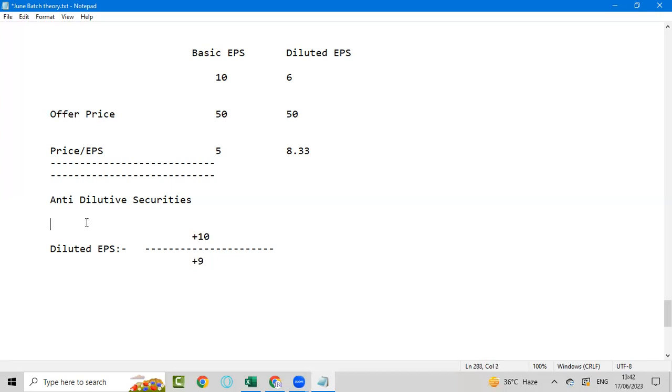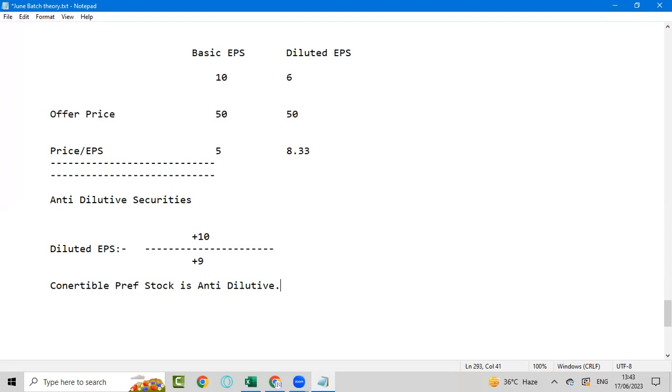So that convertible preference stock is not dilutive. It is anti-dilutive. Because instead of decreasing my earning per share, it has increased my earning per share. If it has increased my earning per share, it means it is benefiting the company, not the security holder, right?